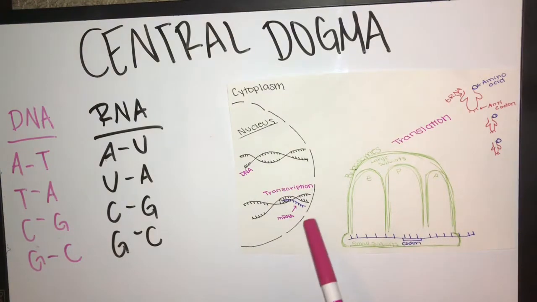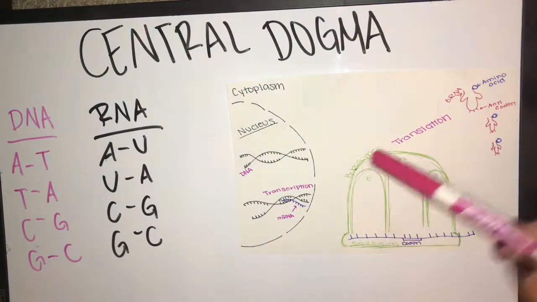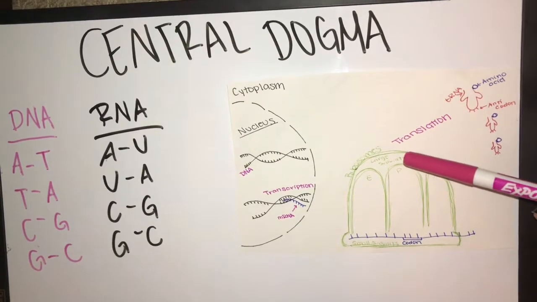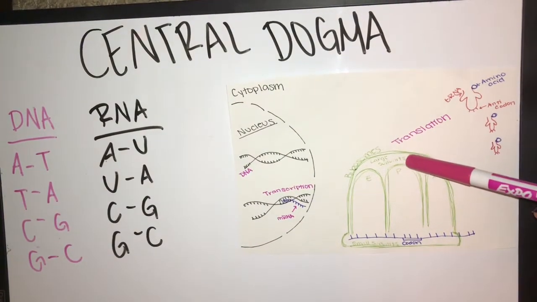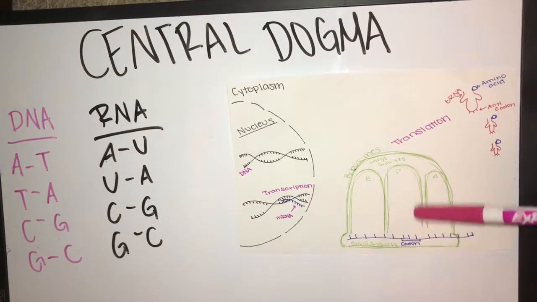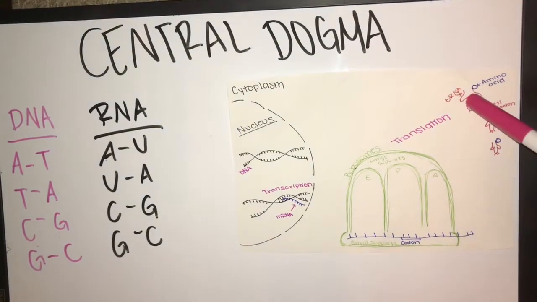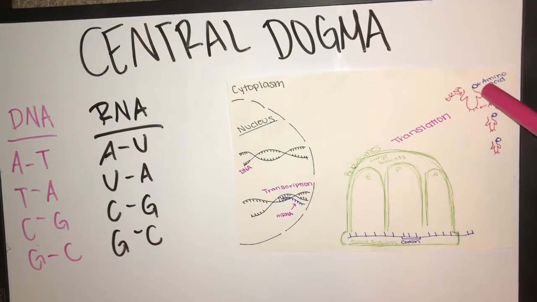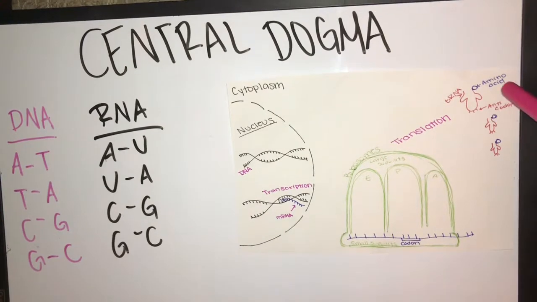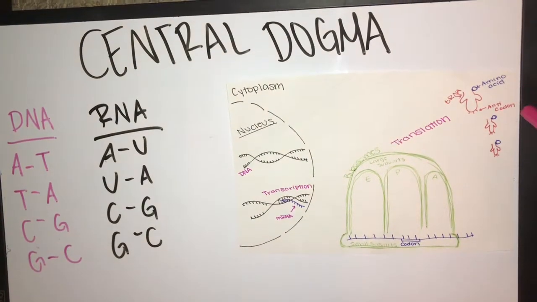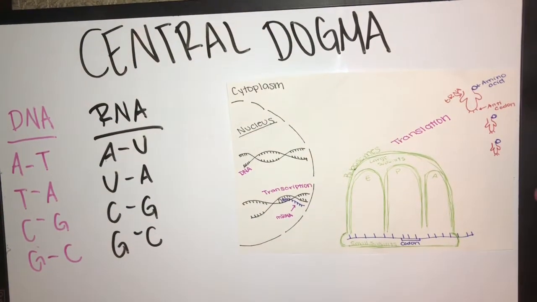Now, the mRNA, or the messenger RNA, goes all the way here, and it lands right here in a small subunit. If you didn't know, ribosomes are made up of two units, a large subunit and a small subunit. Now, here are tRNA, which is transfer RNA. Not only do they have amino acids, but they also have anticodons.